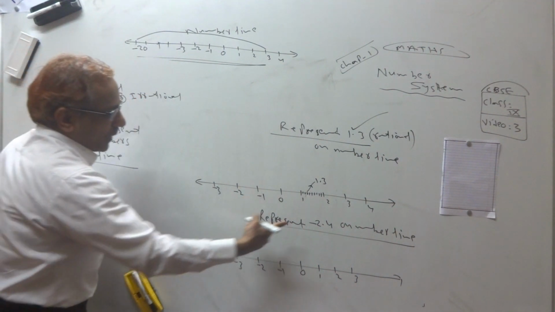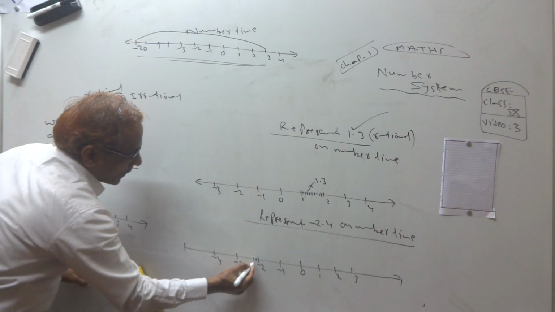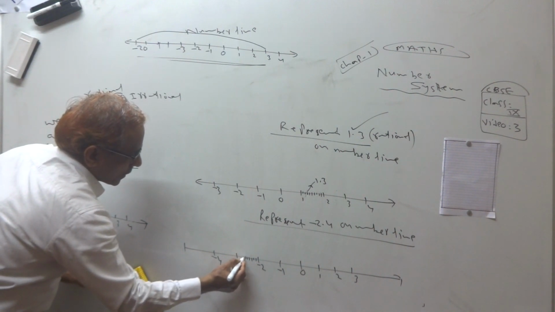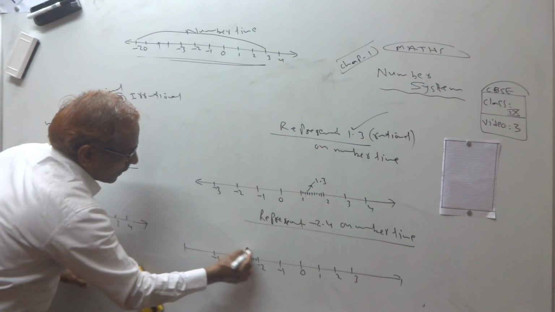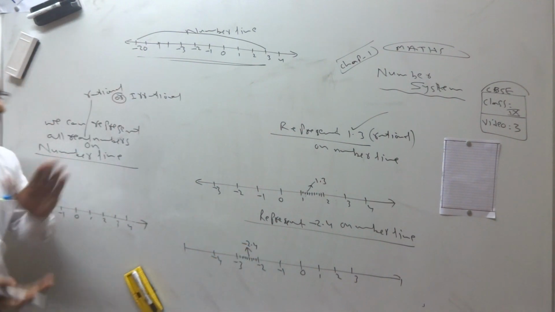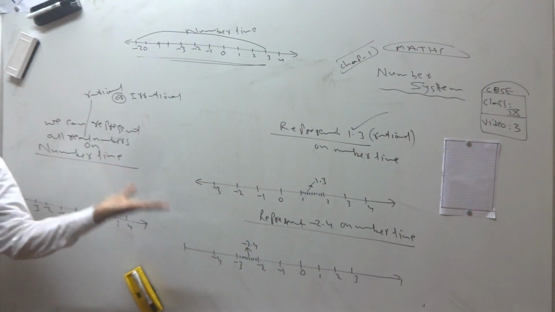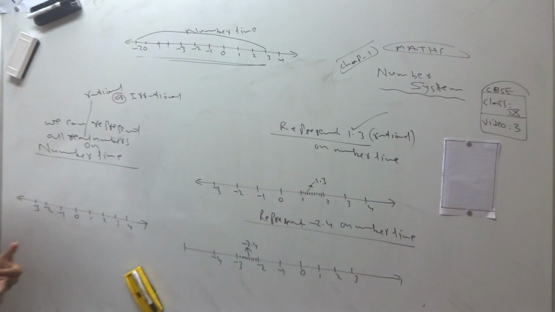Where does minus 2.4 come? Between minus 2 and minus 3, you make 10 divisions. 1, 2, 3, 4, 5, 6, 7, 8, 9. Where is minus 2.4? Here. After minus 2, the fourth. This is minus 2.4. So this is a way to represent what? Rational numbers on the number line.